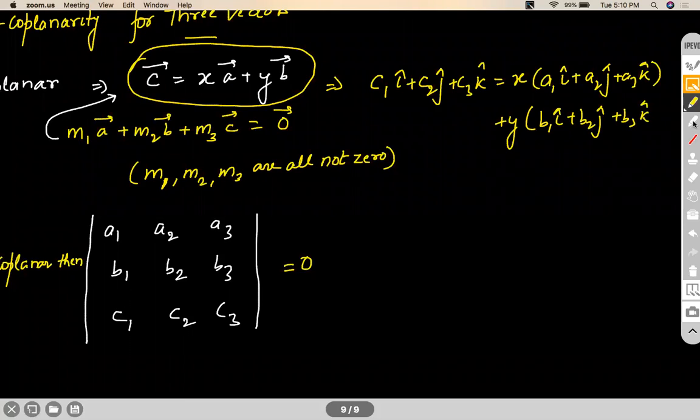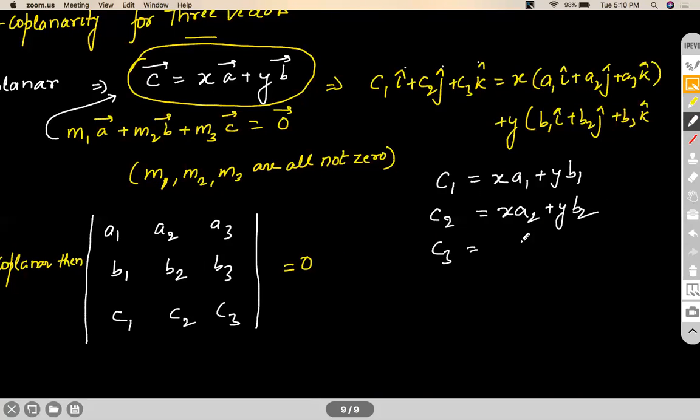Correct? In other words, since you know I, J, K are non-coplanar and hence linearly independent, your coefficient of I will be compared to this. Correct? Your coefficient of J will be compared to the coefficient of J on the other side, and your coefficient of K will be compared to the coefficient of K on the other side.